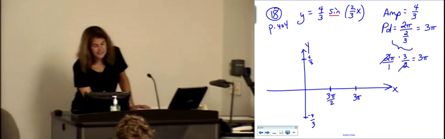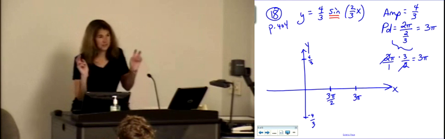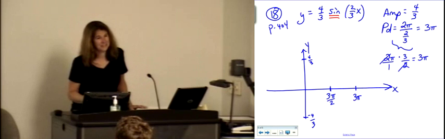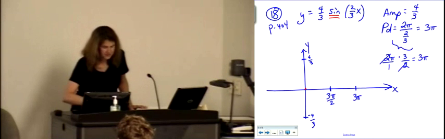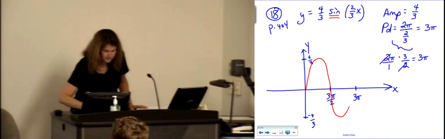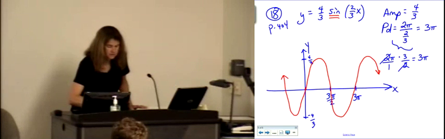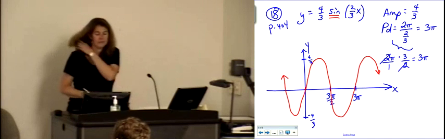I notice I have a sine function this time. That tells me how to sketch in my graph. Where am I starting? At the origin. So I'm here, going up to there, down through, up there, and I could continue on in that pattern, okay?